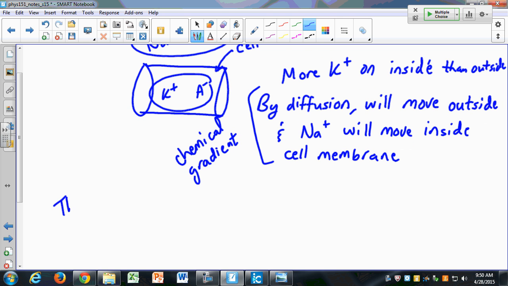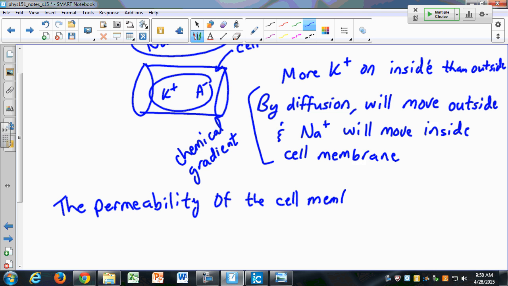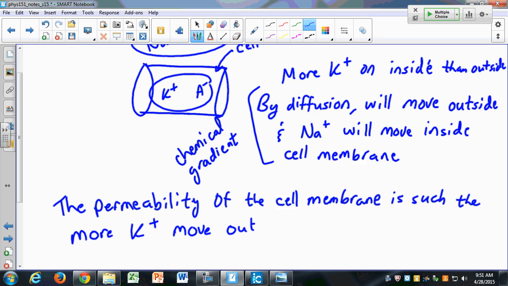However, the cell membrane, the permeability of it is such that more potassium ions move out than sodium ions move in.